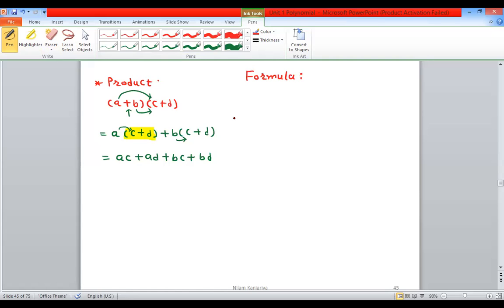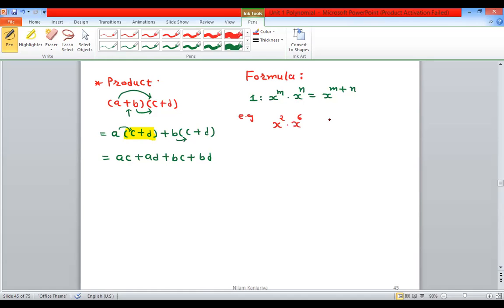Of your indices chapter, semester 1. The first one: if you have two variables with different powers, the product of these variables gives the addition of the powers. For example, you have x square into x raised to 6.